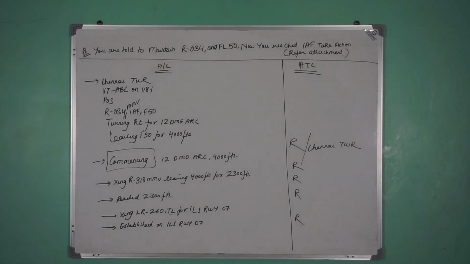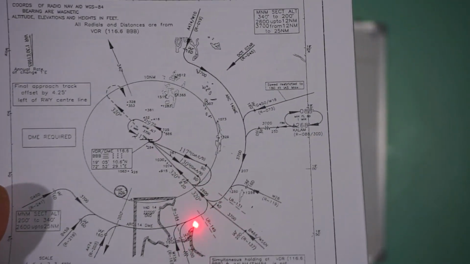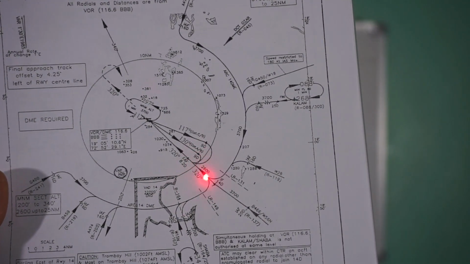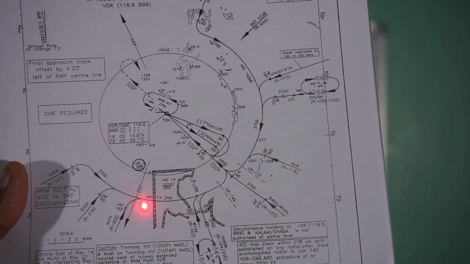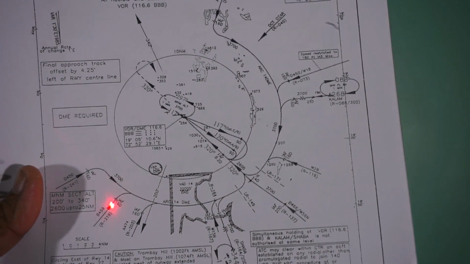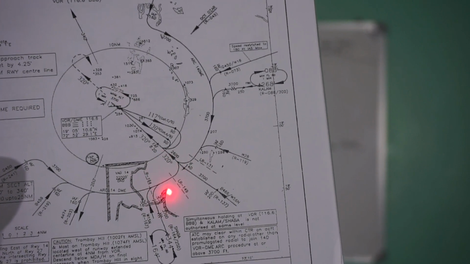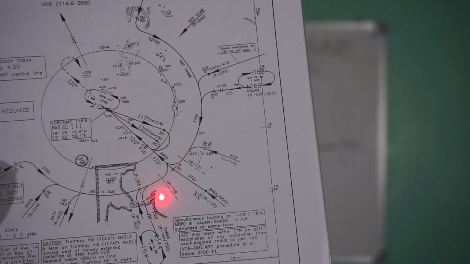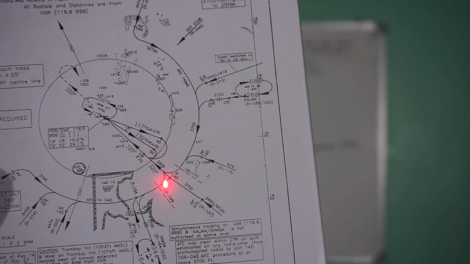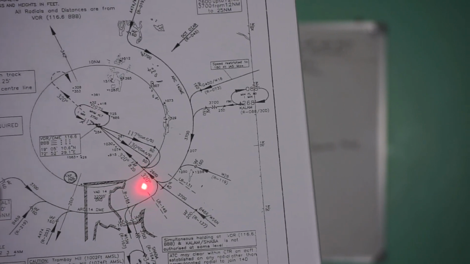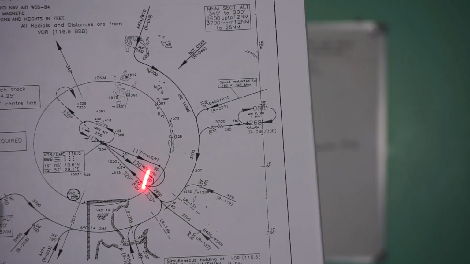Let's find out whether it is written in any other chart or not. So yes, in this chart you can see it is written 2600. Here you are maintaining 3700 throughout up to here, and as you cross the lead radial, you have to turn left plus leave that level and come down to 2600.